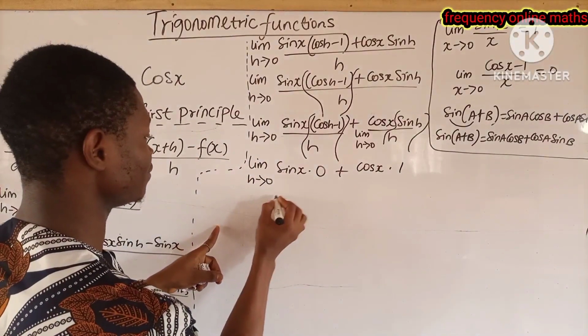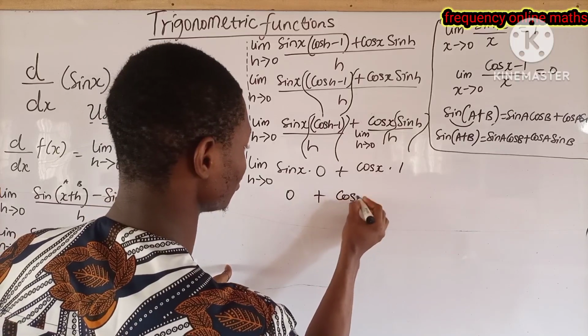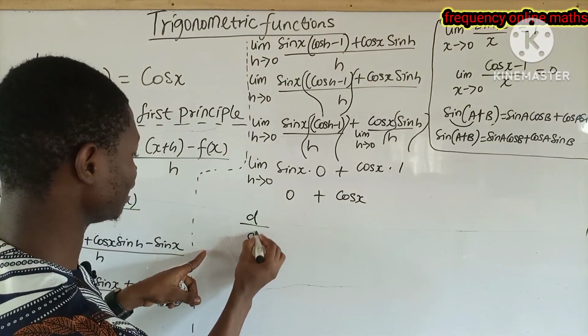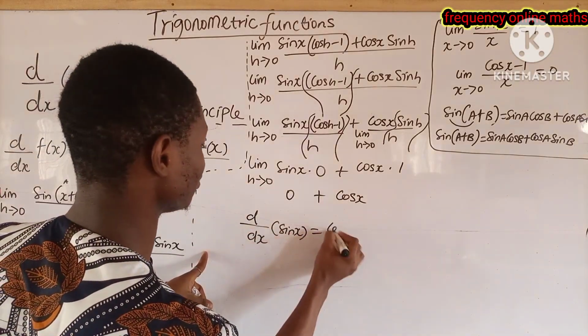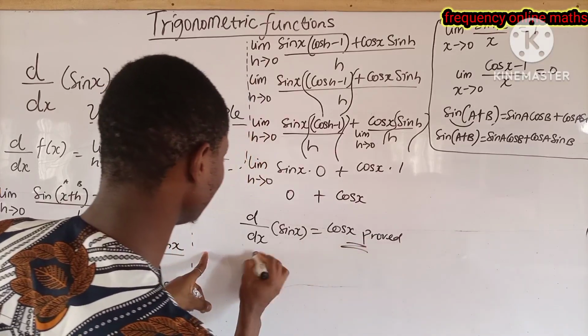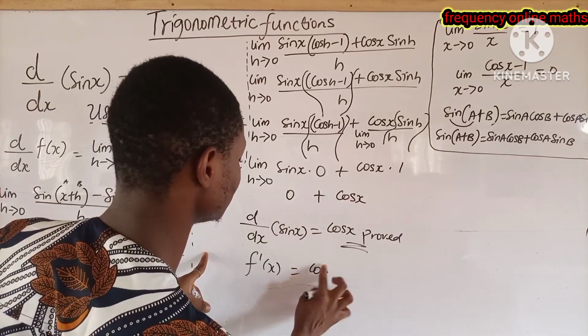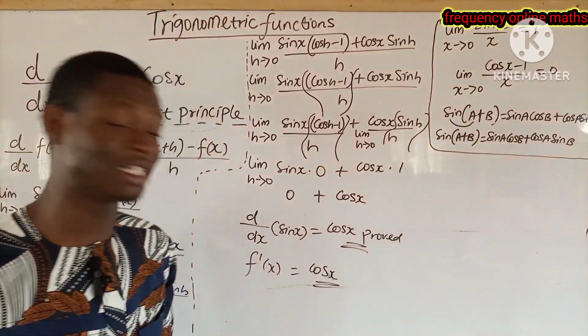Sine x times 0 is 0, plus cos x times 1 is cos x. So d over dx of sin x is equal to cos x. Proved. Or you can say f prime of x is equal to cos x. Proved. So that is our answer.